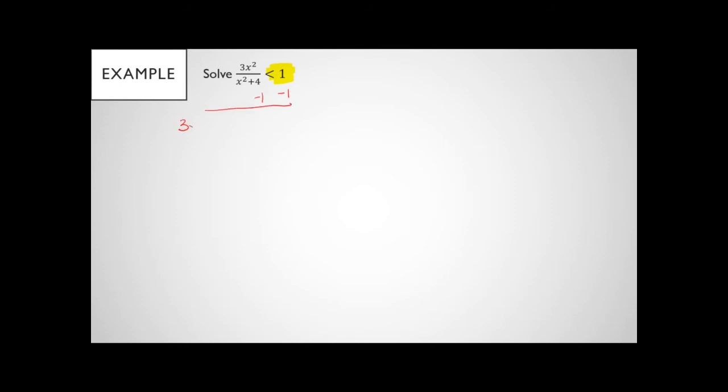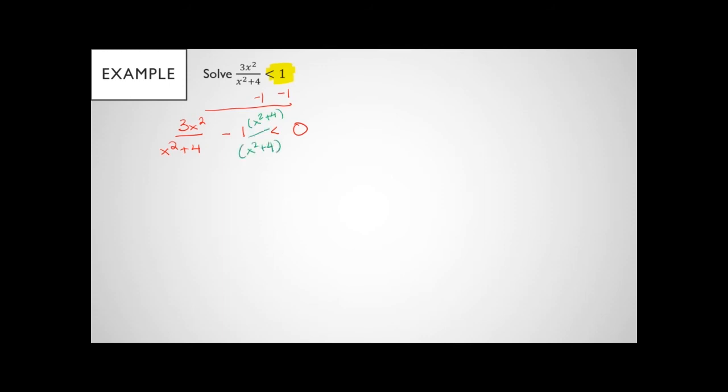So that gives us 3x squared over x squared plus 4, and then a minus 1 less than 0. Now the other thing with these inequalities is that you have to have a single fraction. I can't have a fraction plus or minus a number. So we have to take this 1 and turn it into a fraction based off of the denominator of the other fraction.